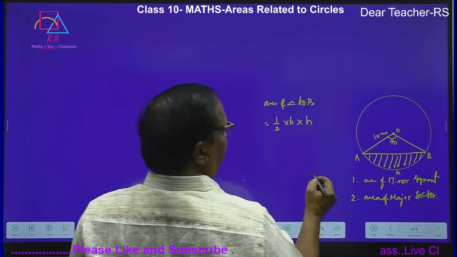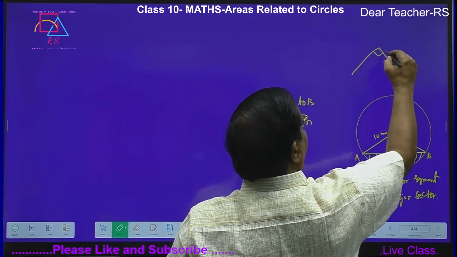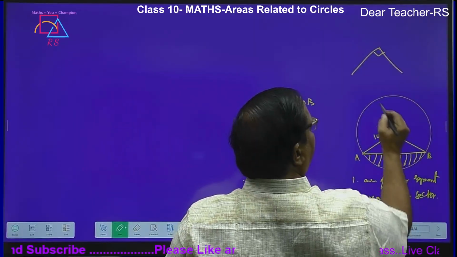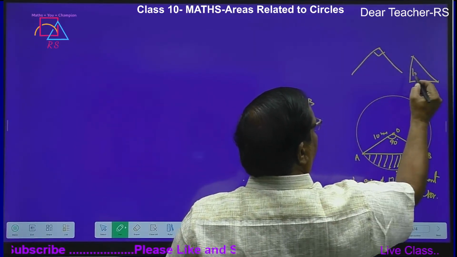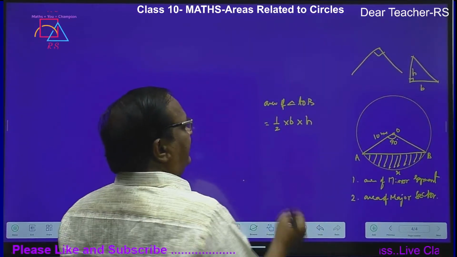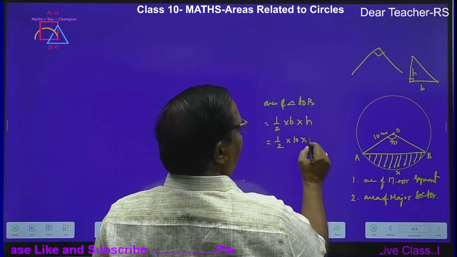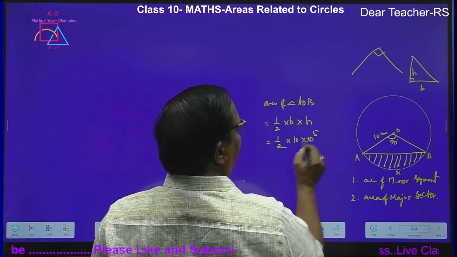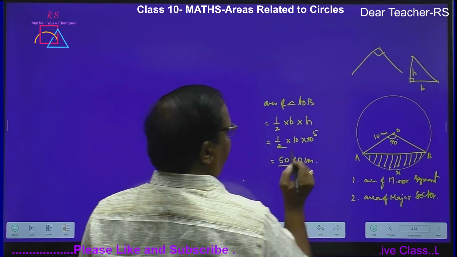Why am I writing this? Because it is 90 degrees. If it is 90 degrees, then this will become base and this will become height. So now both are radius, 10 centimeters only. It is equal to half into 10 into 10, so it is equal to 50 square centimeter area.